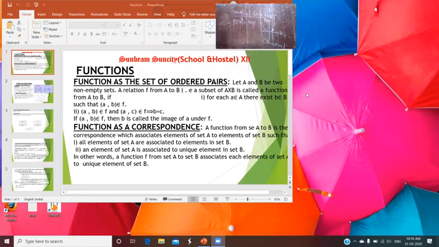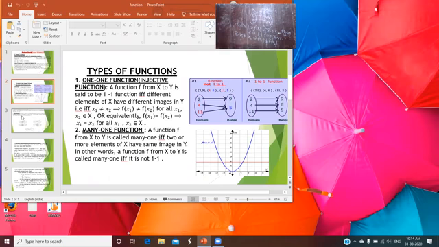Here we take some graphs on the screen to check. In the first graph, 2 is mapped with 9, 4 is mapped with 5, and 11 is also mapped with 5. So you can say that the first figure is not a one-one function.